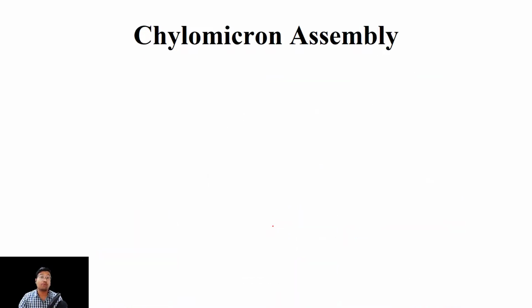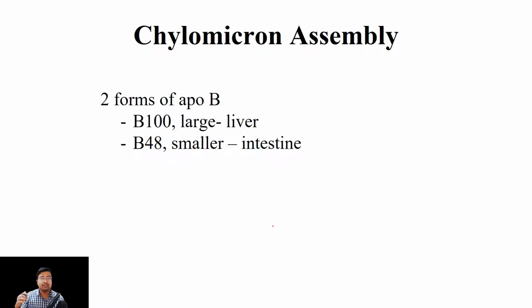Okay, now before going into the chylomicron assembly itself, we should know about the various forms of apolipoprotein B. I already told you while discussing the chart, there are two forms of apolipoprotein B. One is 48 and one is 100. What is this 48 and 100? These are the number of amino acids in the protein chain.